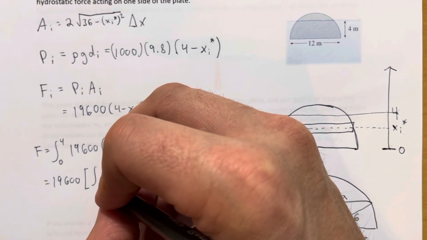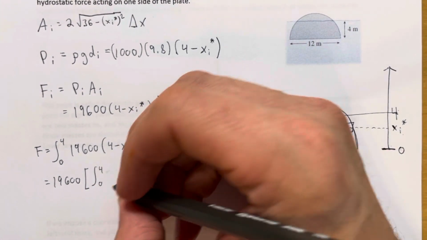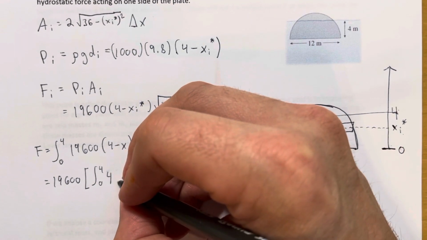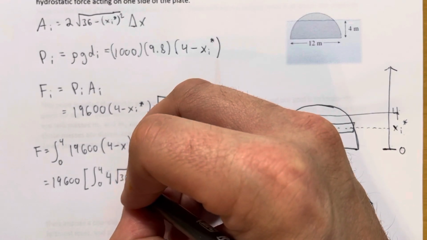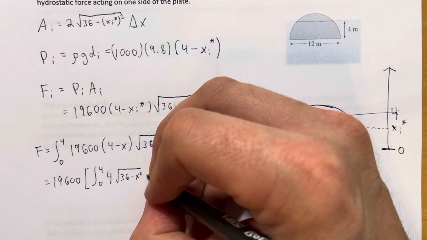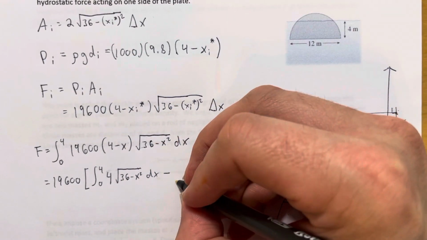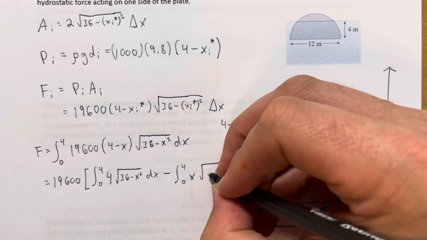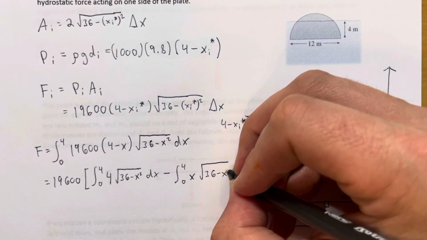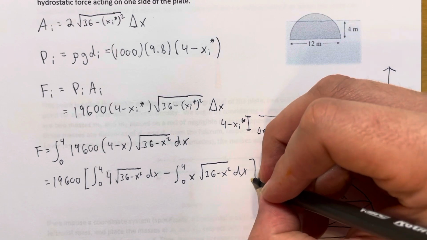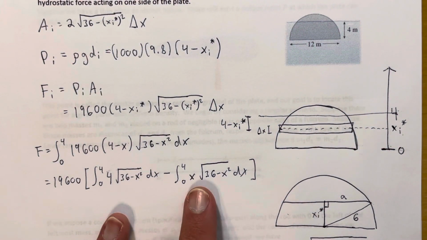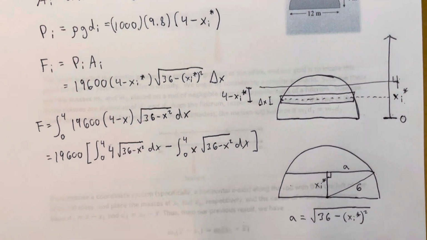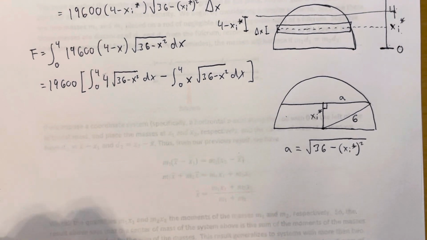So this will look like the integral from 0 to 4 of 4 times the square root of 36 minus x squared dx minus the integral from 0 to 4 of x times the square root of 36 minus x squared dx. I'm doing this because each of these integrals has to be evaluated using a different technique.